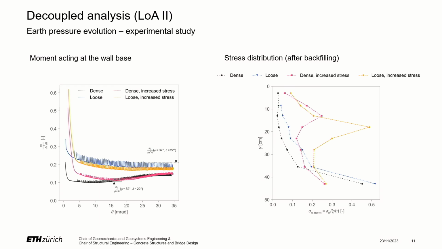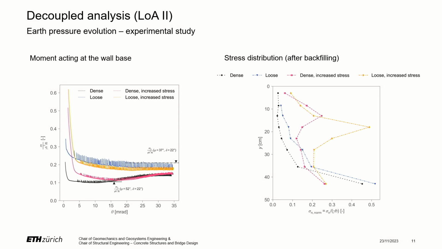We then simulated a corrosion-driven rotation, and we measured the moment evolution as a function of this applied rotation at the construction joint. Here we can see that for the dense samples, the black and the pink curve, we have a fast unloading initially, followed by a plateau, and then an increase in moment in the final phase.